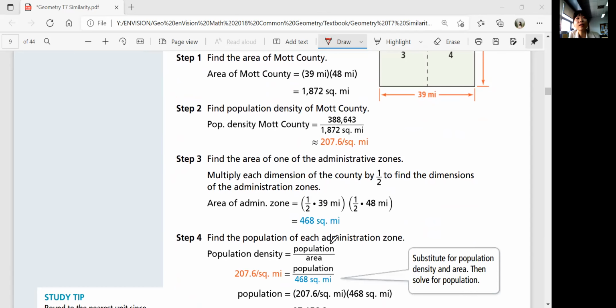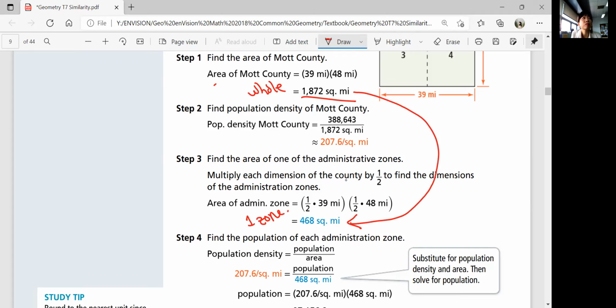And you get 468. So this is the whole, and then this is the area of one zone, okay? And then your population density stays the same.